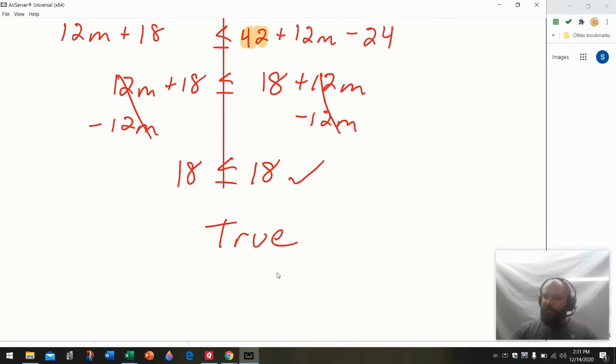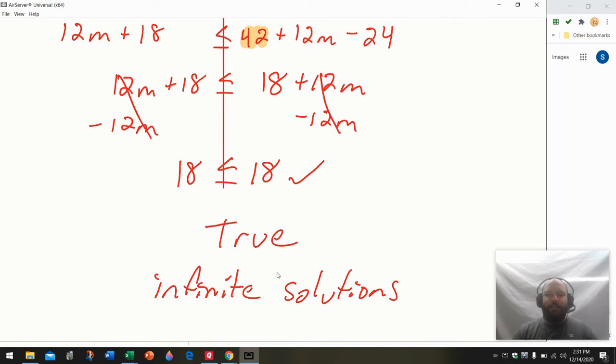And so because it's true, you get infinite solutions. And again, the reason why we can write that is all of the variables go away and we are just left with a true statement. That is very important, that it's only when the variables cross out from both sides do you write true or false.